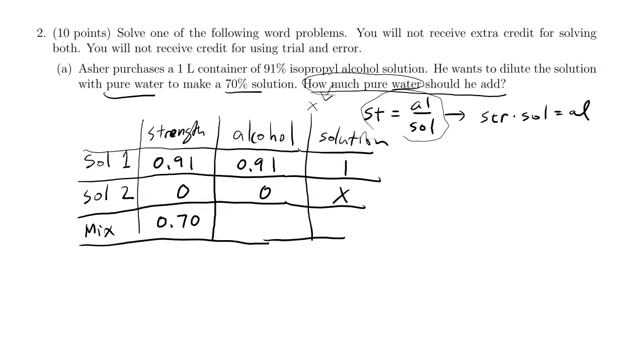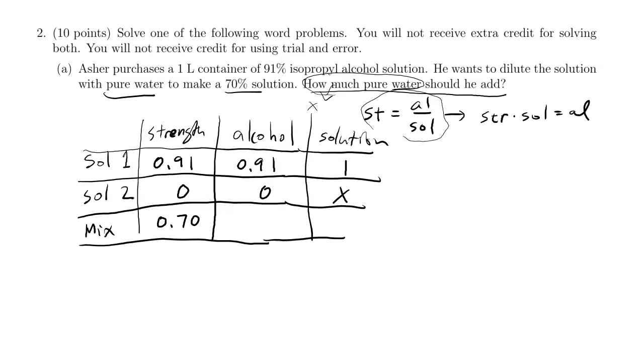And then you're mixing. Okay. Now, in mixture problems, what you have to know is that the percentages never add up. I mean, there's no way 0.91 plus 0 would be 0.70, right? But the contents that you mix add up. So when you mix 2 things, the alcohol in the first fluid and the alcohol in the second fluid, they would add up, right?